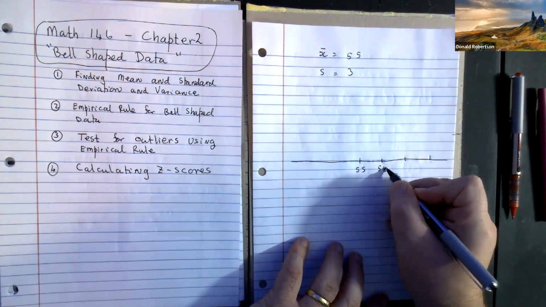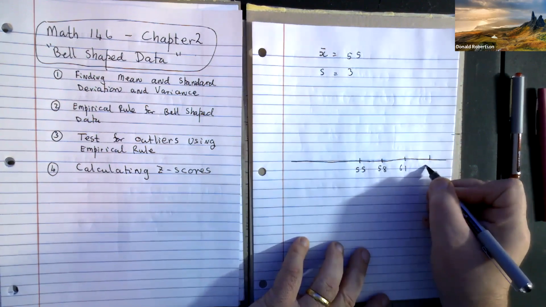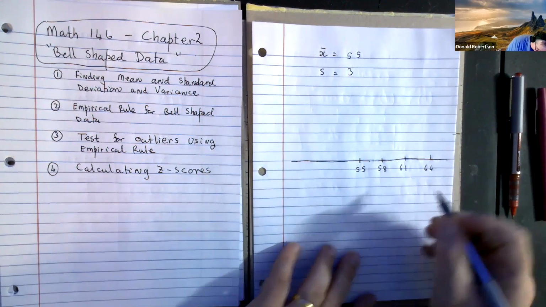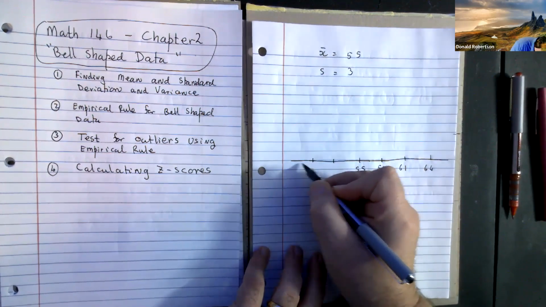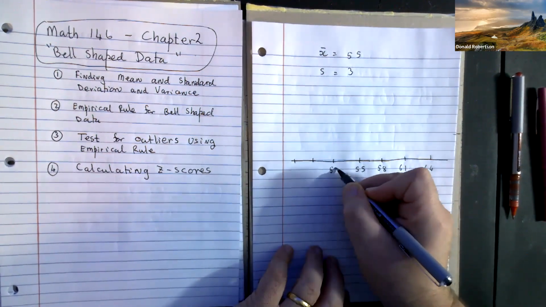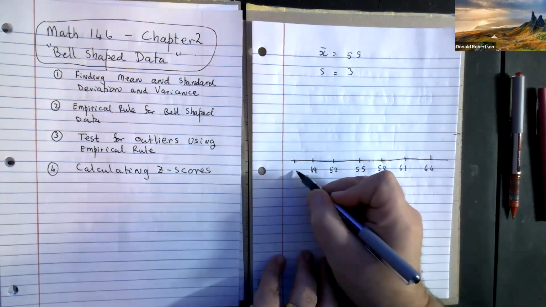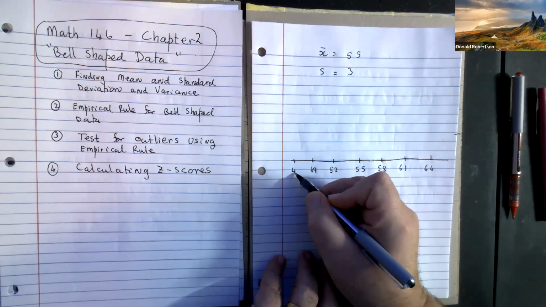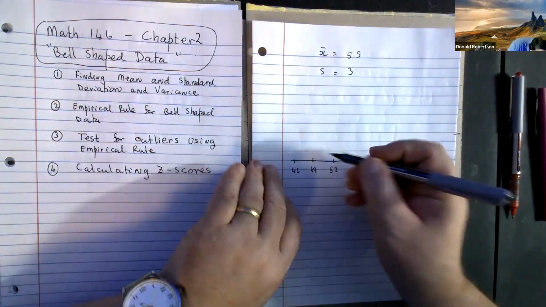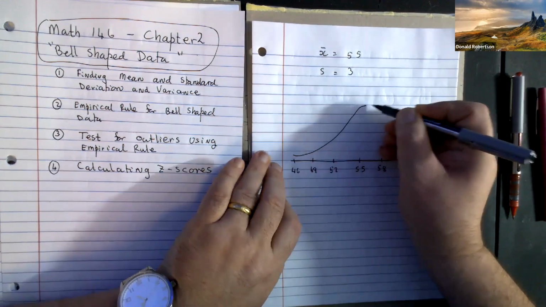That's 58, 61, and 64. Then 1, 2, 3 on this side: 52, 49, and lastly 46. And I'm going to draw, as best I can, a bell shape.